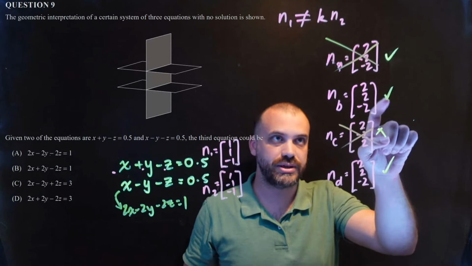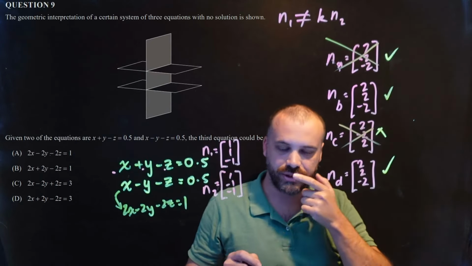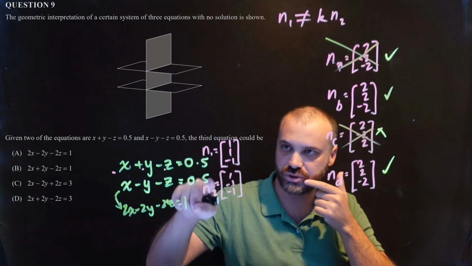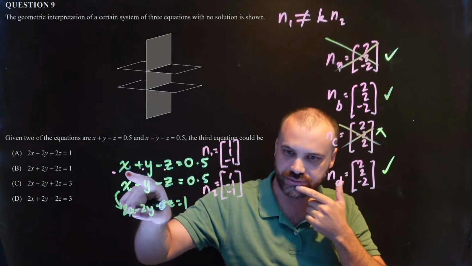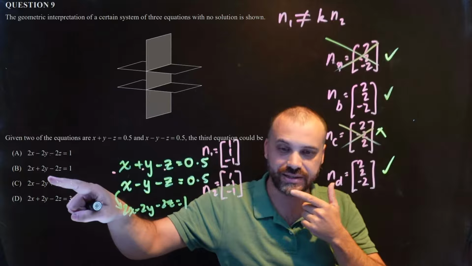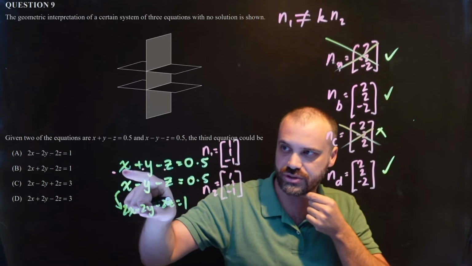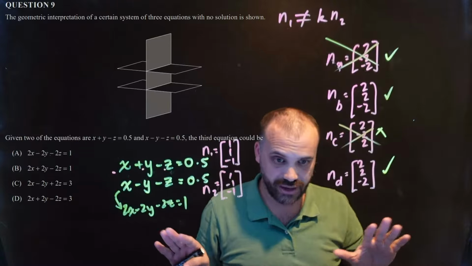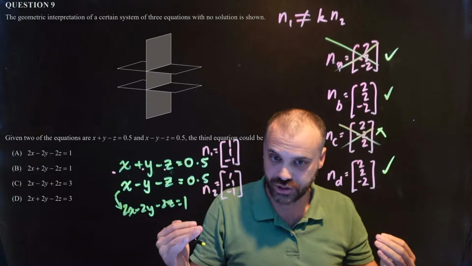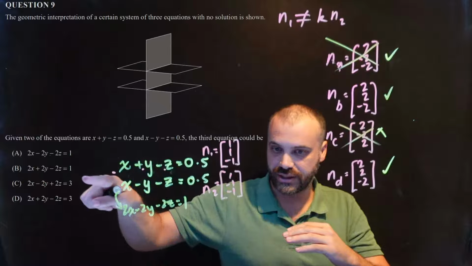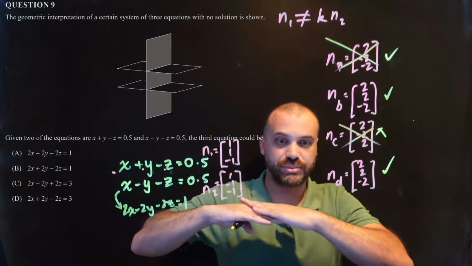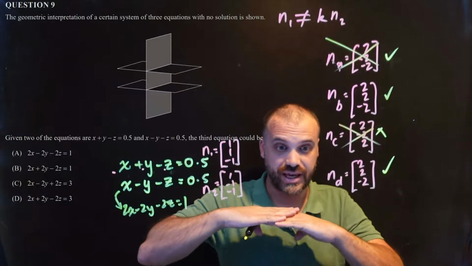All right, what about this one here? 2, 2, negative 2. Okay, now the 2, 2, negative 2 comes from equation 1 here. It has the same problem. If I multiply this equation by 2 across here, I haven't changed it. It's the same equation. It's just that now it looks identical to that, and so those planes are sitting on top of each other, they are the same plane.